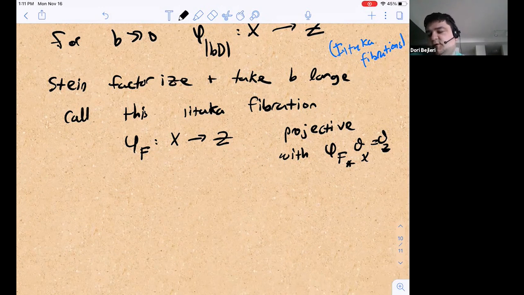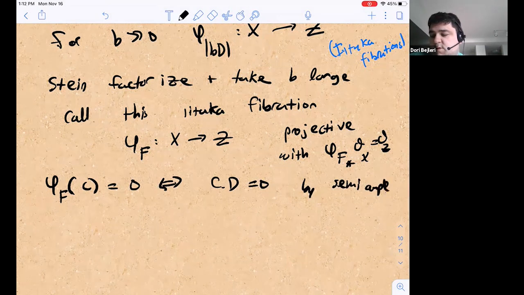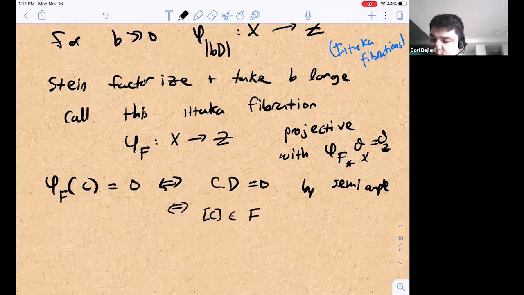Okay, so we have this linear series that gives us this morphism, and now because it's some semi-ample linear series, we know that phi F of C equals 0 if and only if C dot D equals 0 by semi-ampleness. But C dot D equals 0 if and only if the class of C is in this face.